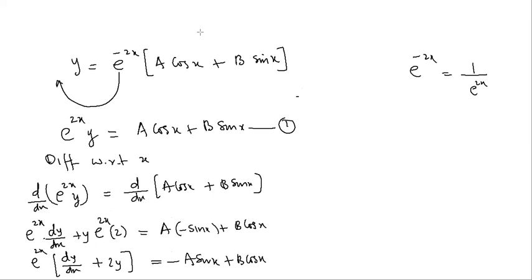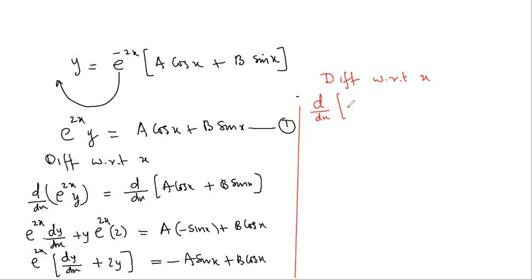Now we'll find the next derivative. So differentiating with respect to x, d by dx of e raised to 2x into dy by dx plus 2y is d by dx of minus a sin x plus b cos x.